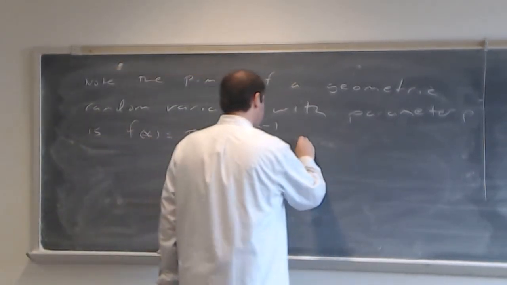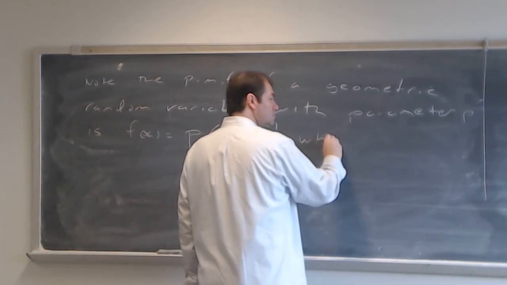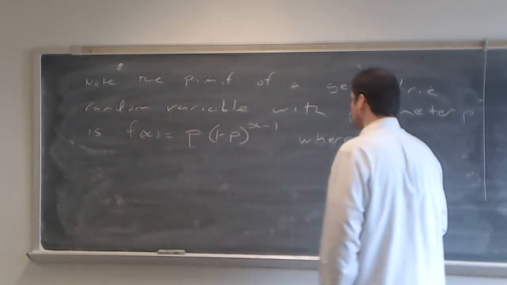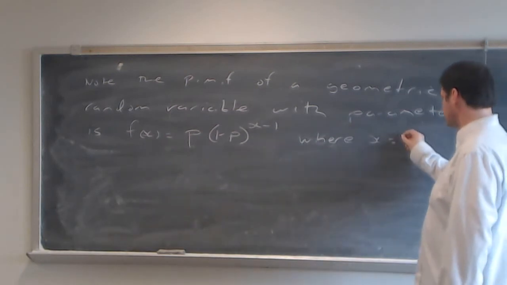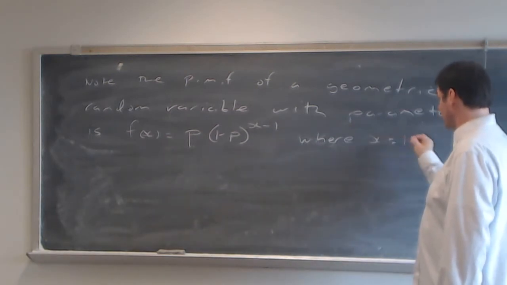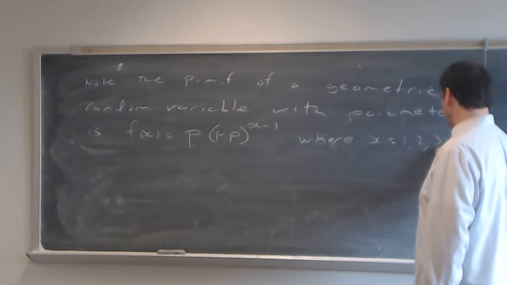And that's the PMF, where x is the number of times we had to do the trial to get it. It could have been the first success, so x could be 1, 2, 3. Well, it goes on forever.